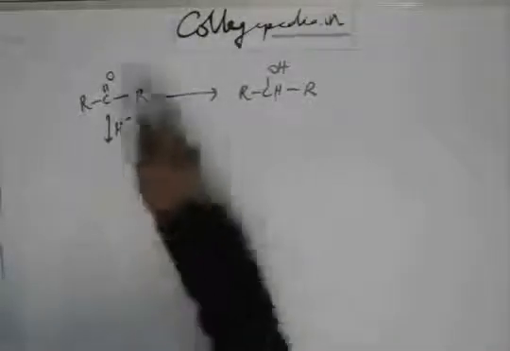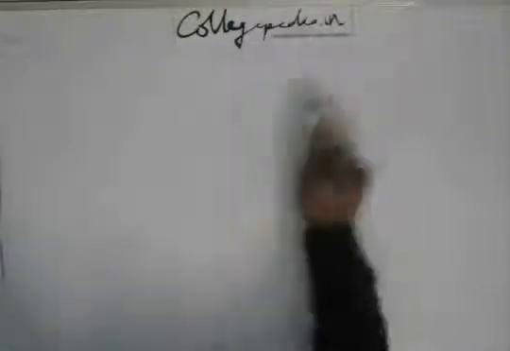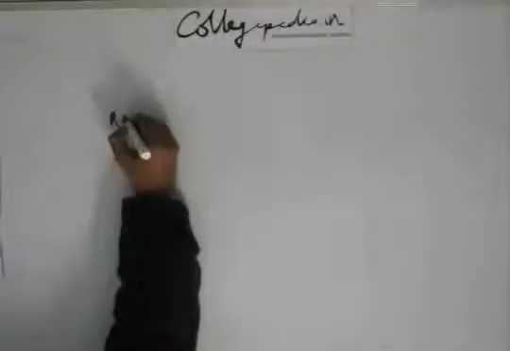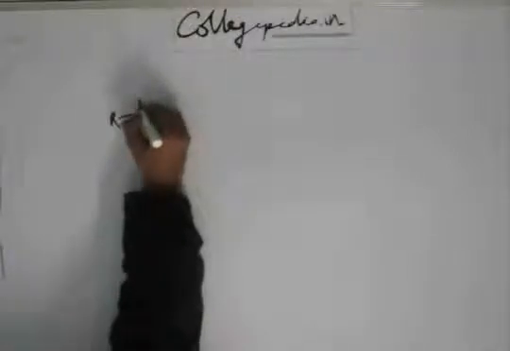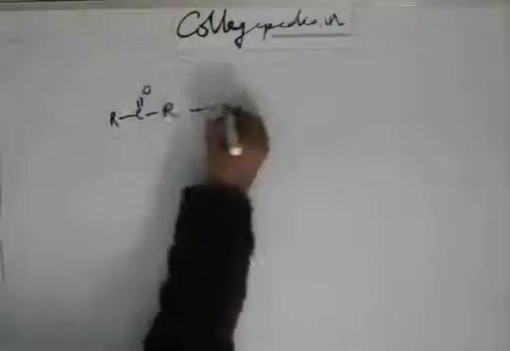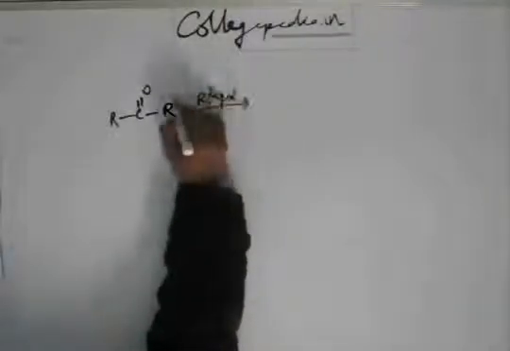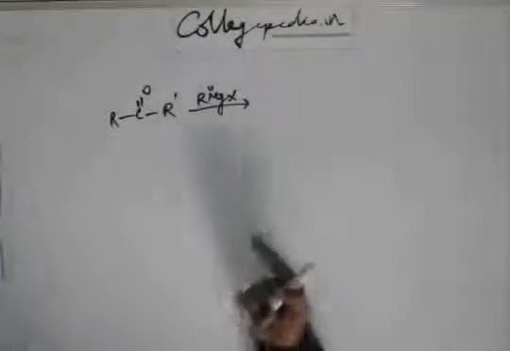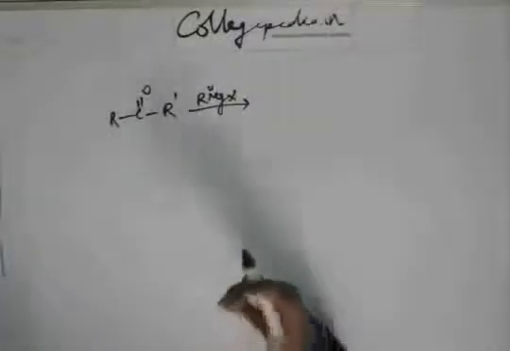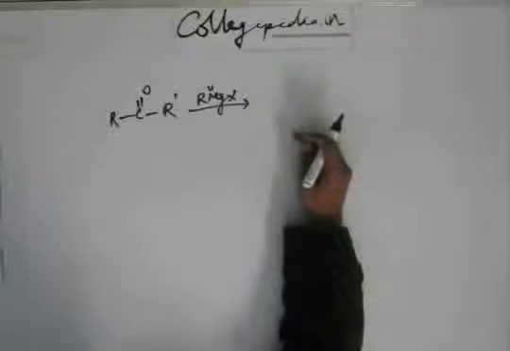The second kind of reduction to get the alcohol would be reaction with Grignard reagent. If you take a carbonyl compound like this and you take RMgX, fine. So this reaction we have studied in great depth when we studied the topic Grignard reagent.